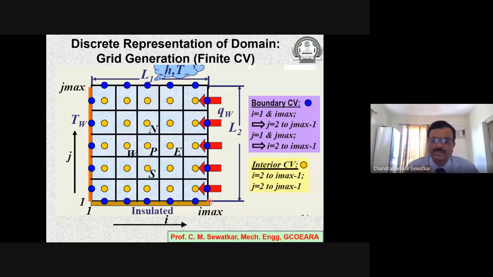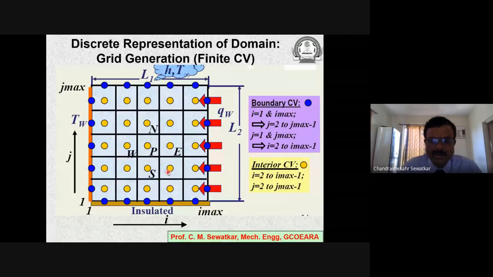However, the cells formed around these blue cell centers have volume equal to 0. The volume of cells represented by yellow cell centers is nothing but the product of, let's say, delta x and delta y. So delta x, delta y represent the volume of cells which are represented by yellow cell centers.